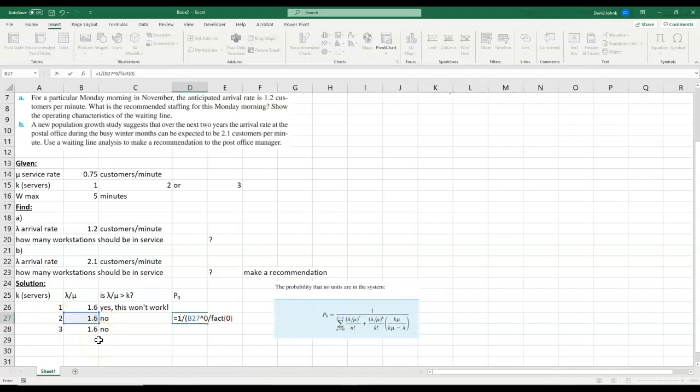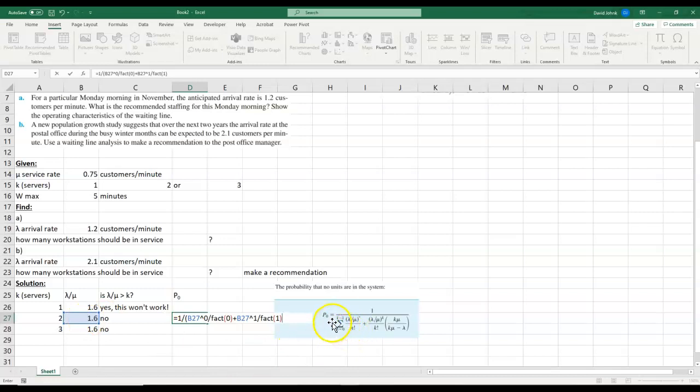So now I have to add another term. It's going to be the same thing: this divided by the factorial, and now n is 1, right? And divide it by the factorial of 1. So that's my two terms.